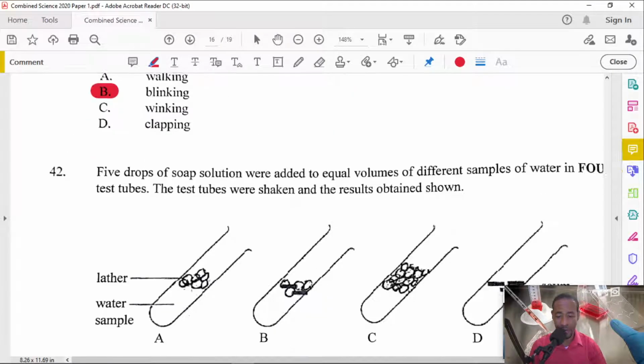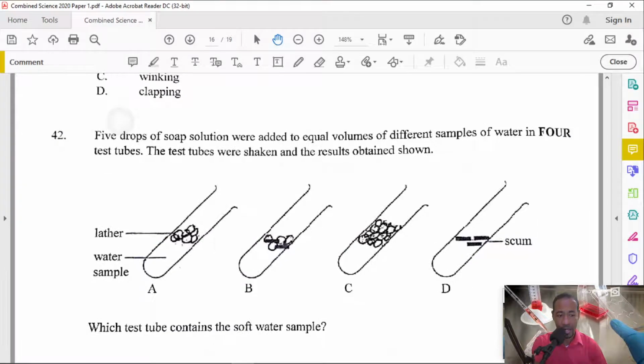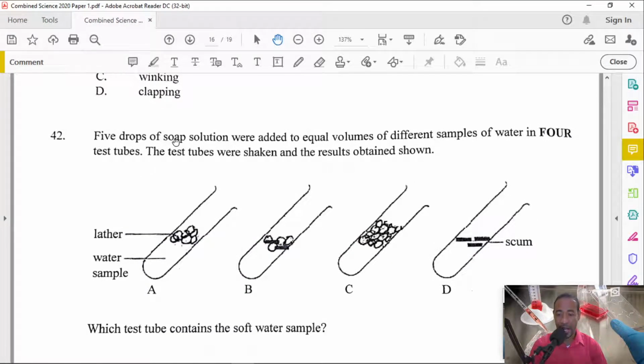Question number 42. All right, let's zoom in a little bit so we can see better. Awesome, right there. We said that 5 drops of soap solution were added to equal volumes of different samples of water in 4 test tubes. The test tubes were shaken and the results obtained are shown. We have lather, which are these particles up top, and we have the water sample here. The question asks, which test tube contains soft water?